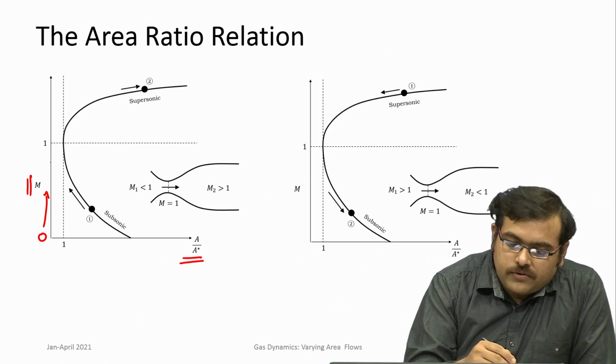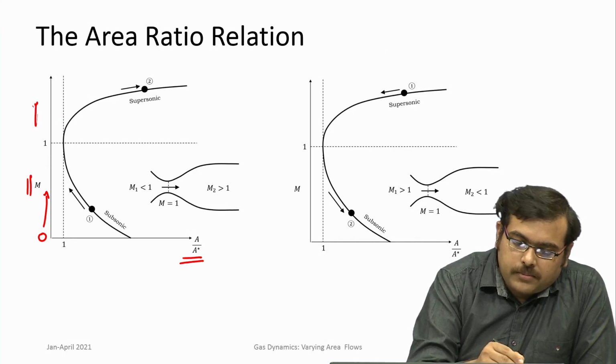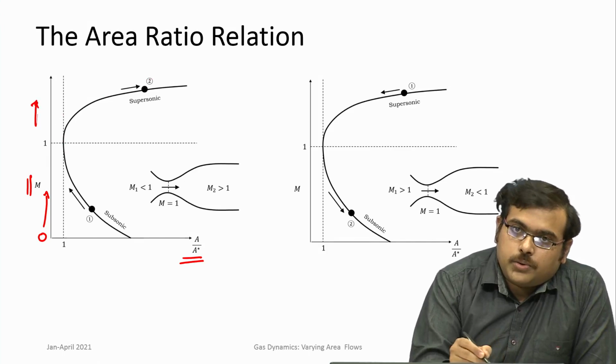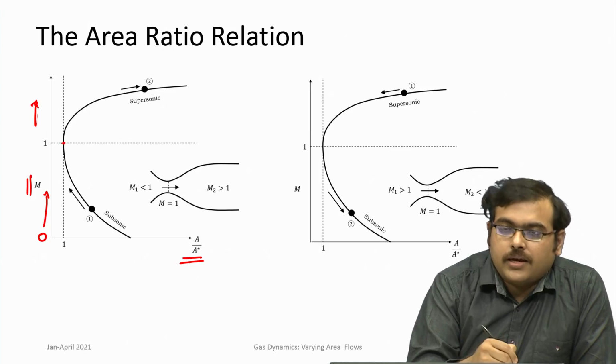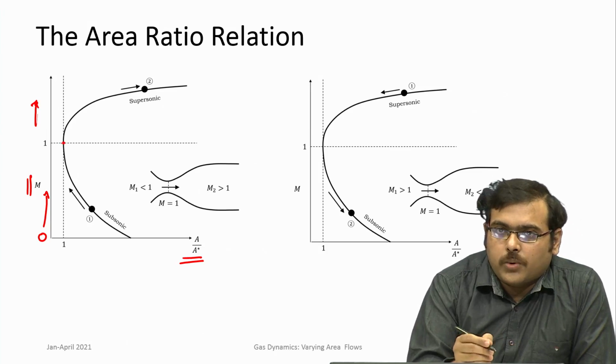After Mach 1, if you further increase Mach number, then area ratio increases. So the area ratio has a minimum point at Mach number equal to 1.